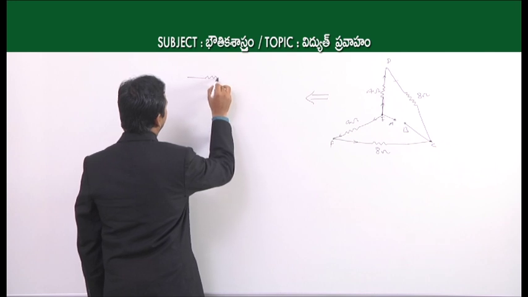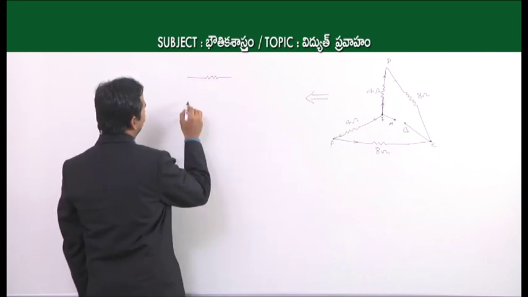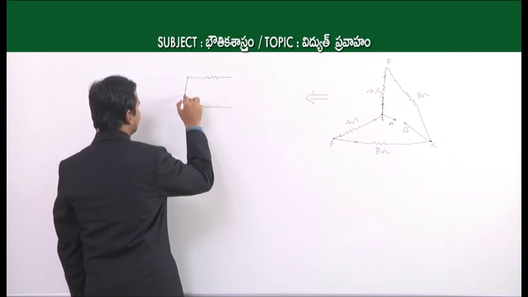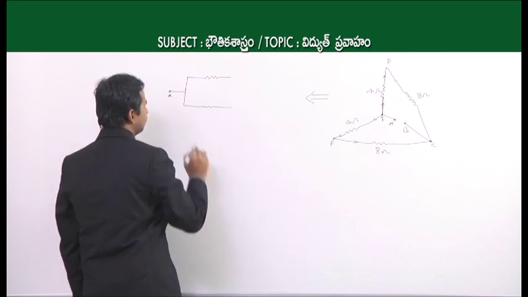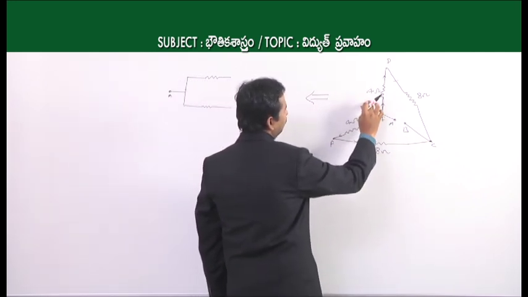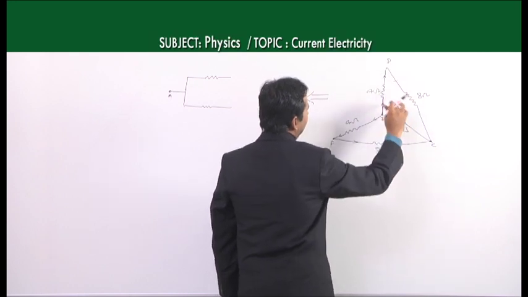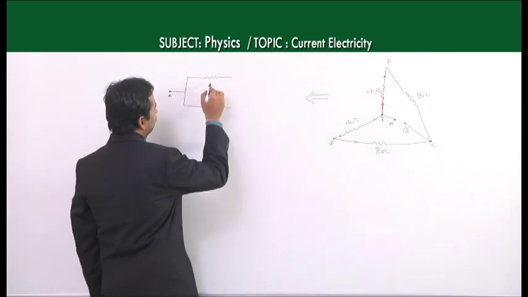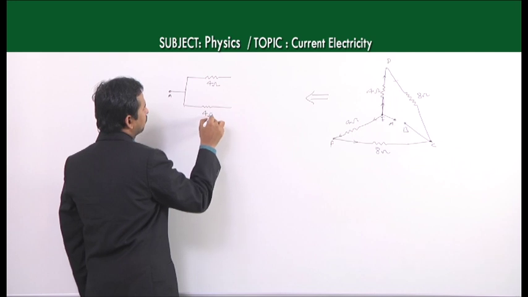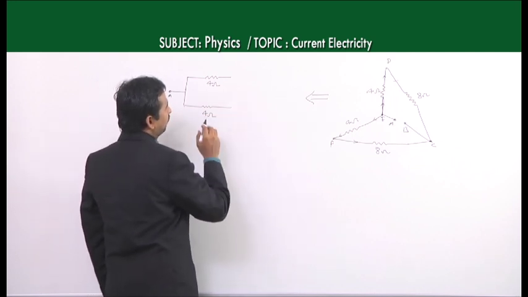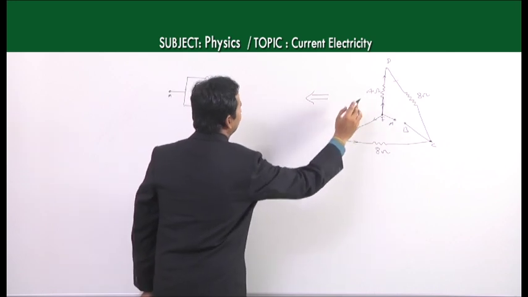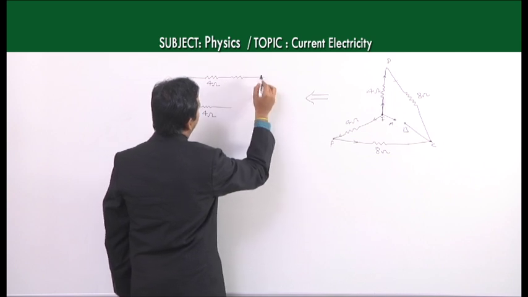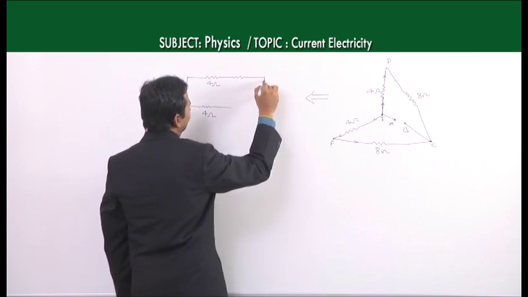Now this 4 ohms passes the same current through the 8 ohms, which means the 4 ohms and 8 ohms are connected in series. So this is 4 ohms, and this also 4 ohms, which is the ED part, and now we take the next part, the 8 ohms, which is in series with that one.